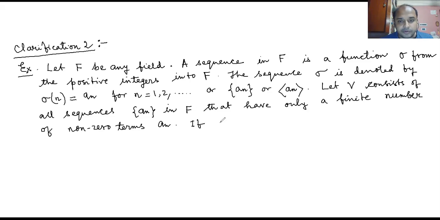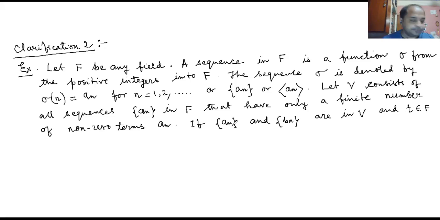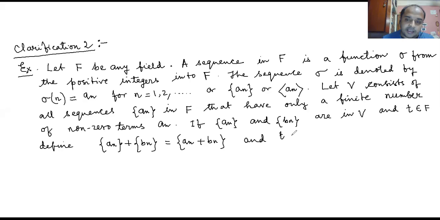If sequence an and sequence bn are in V and small t belonging to capital F, define operations like this: an plus bn is equal to an plus bn, and t an is equal to t into an.